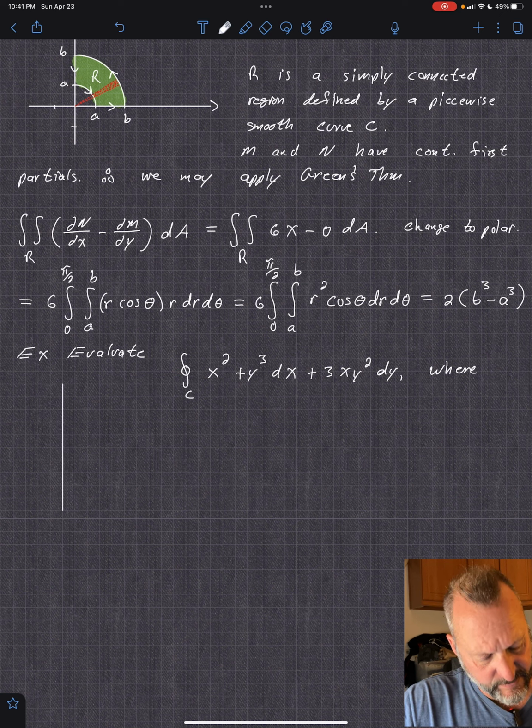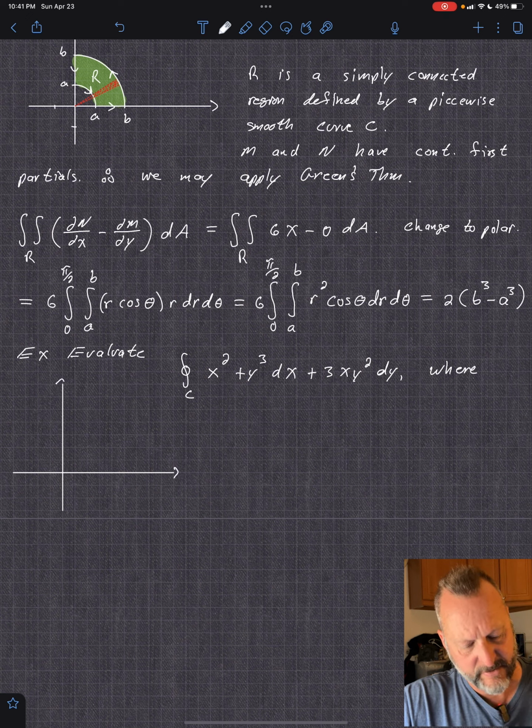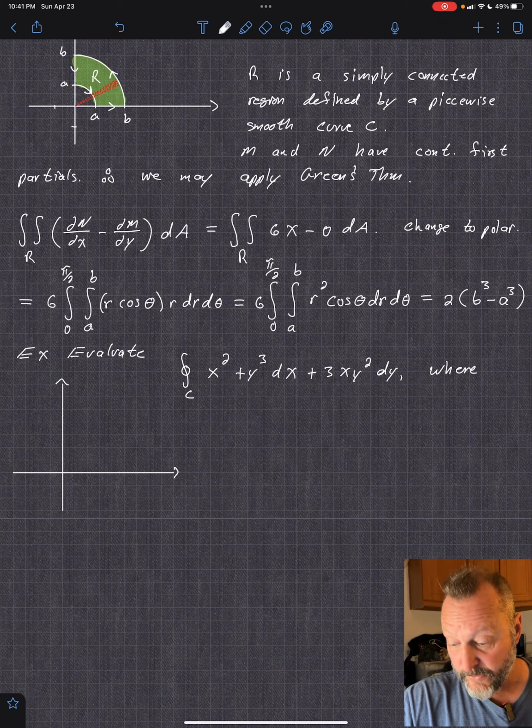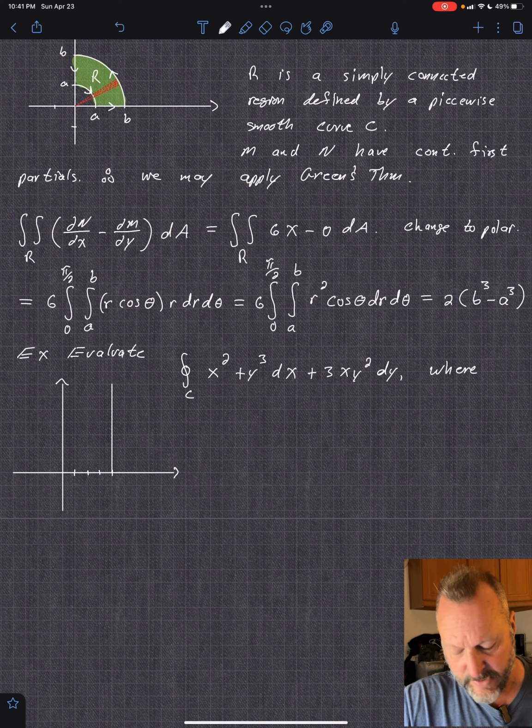And again, this would have been either drawn up or described more carefully. So you go over 1, 2. We're going to go like this. And then this is a parabola. And so it's oriented like this.